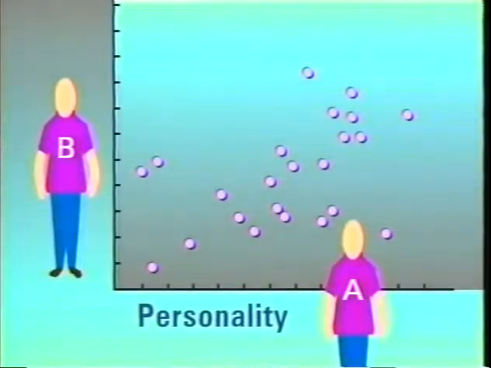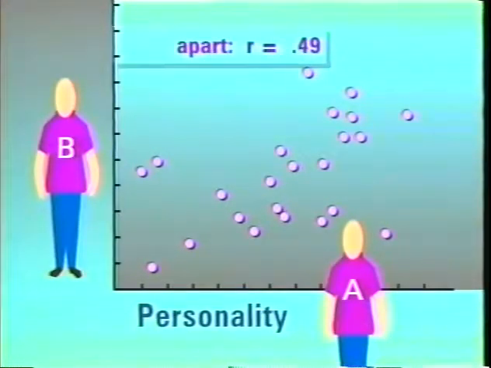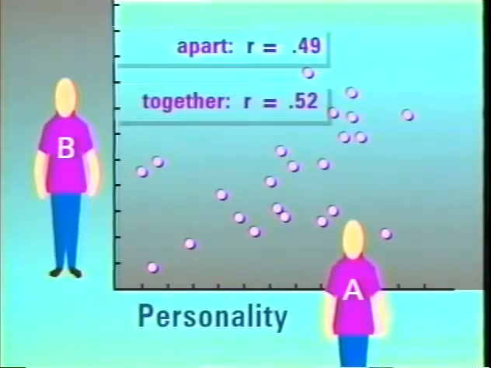This scatter plot illustrates the results of personality tests given to identical twin pairs raised apart. The relationship is not nearly as strong as the one for height, but the points do tend to increase together. The value of R is 0.49. For twins raised together, it's nearly the same, 0.52.